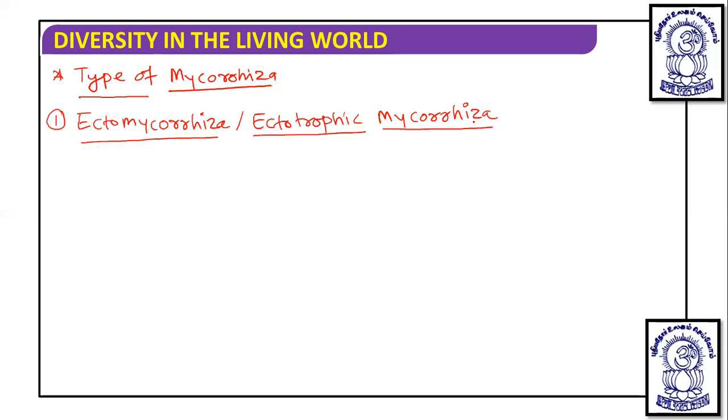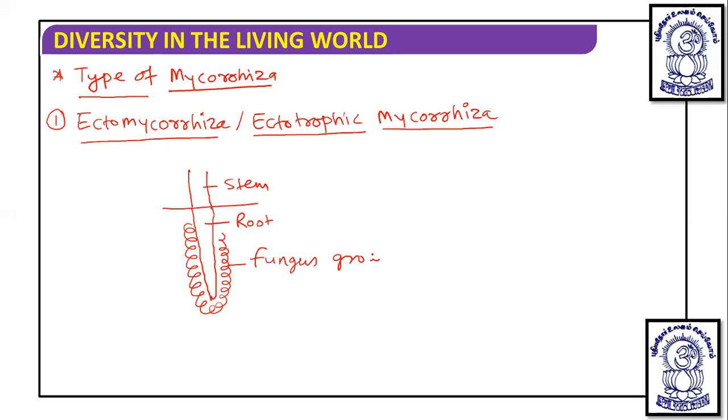In this, suppose this is the stem and this is the root, and on this root the fungus grows completely over the whole surface and forms a woolly covering. Then this is nothing but ectomycorrhiza.